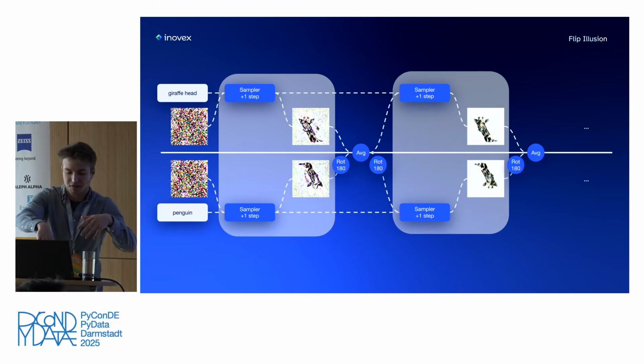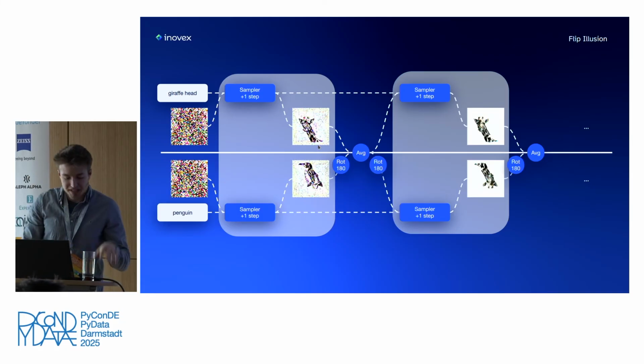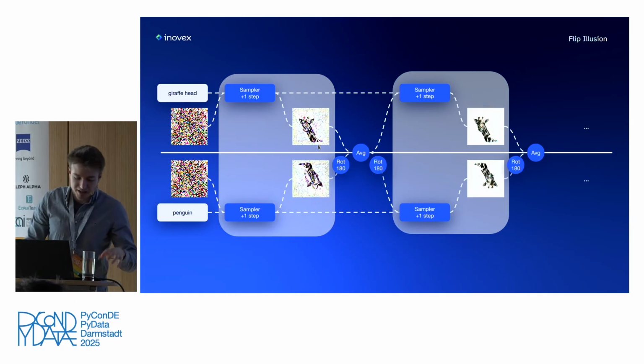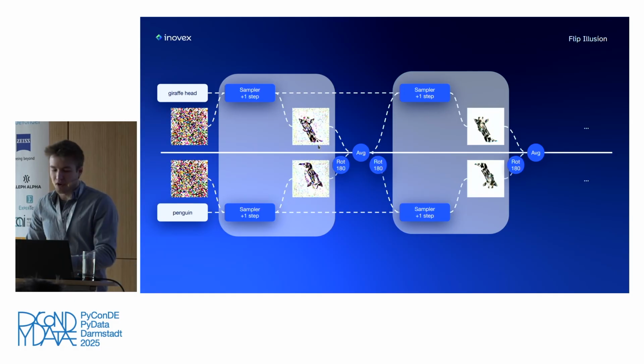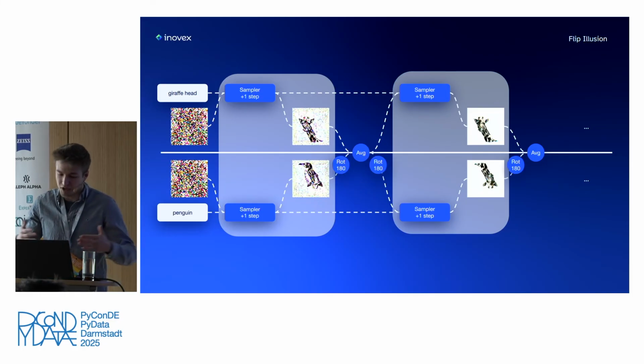Because it's a flip image, we flip them upside down, combine them, flip it back, and then feed it into the next step. With each step, we remove some noise from the image and take control away from the diffusion model. And with each step, we combine the images together, and they slowly converge into a single image which represents both prompts, one from one side and the other from the other side.